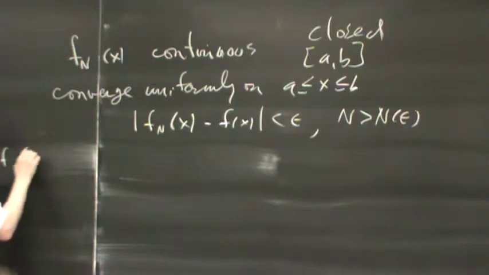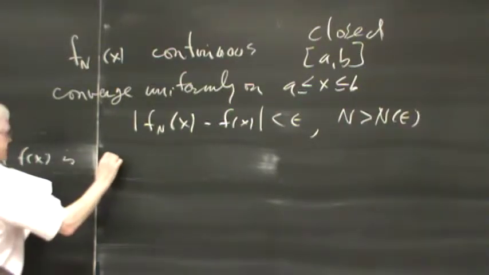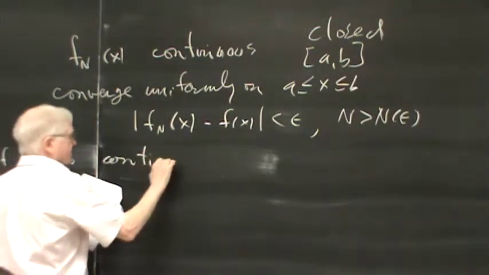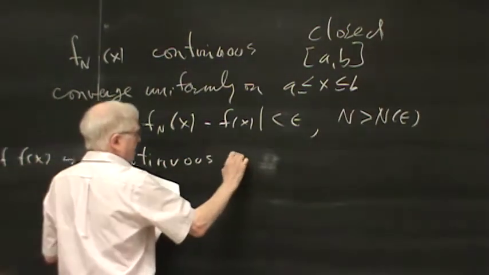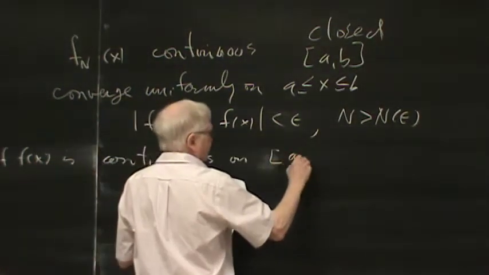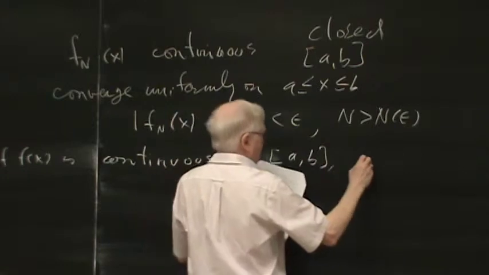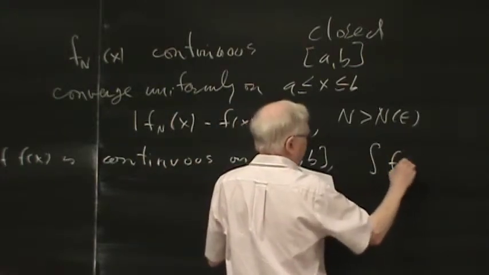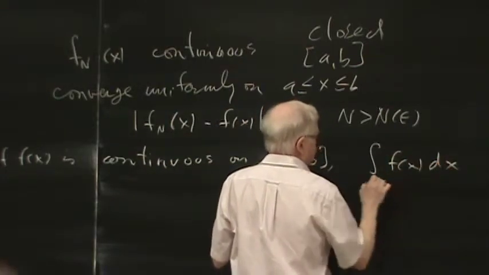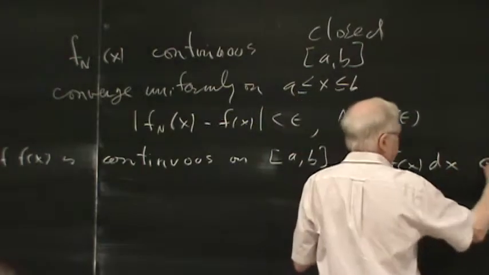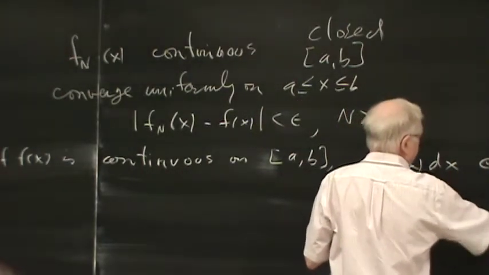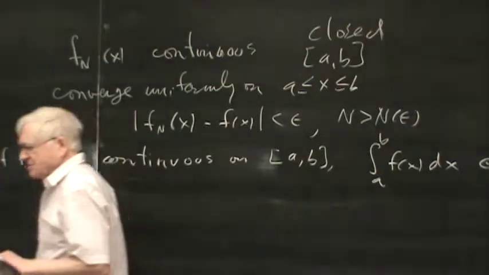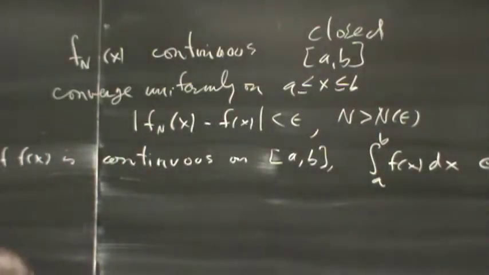If f of x is continuous on closed interval AB, the integral of f of x dx from A to B exists, or is well defined. So a continuous function on a closed interval is always integrable on a closed interval. One reason is that it's bounded on the interval.